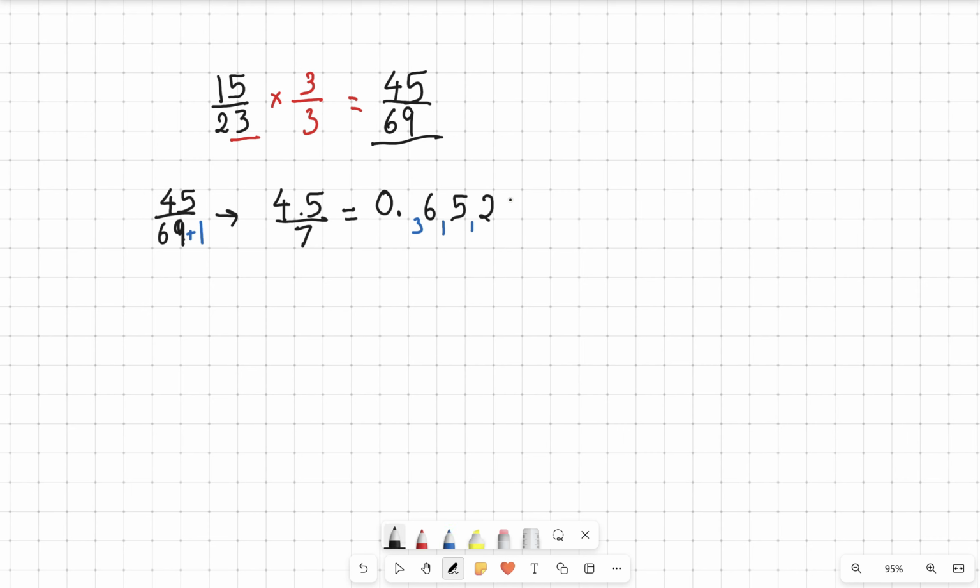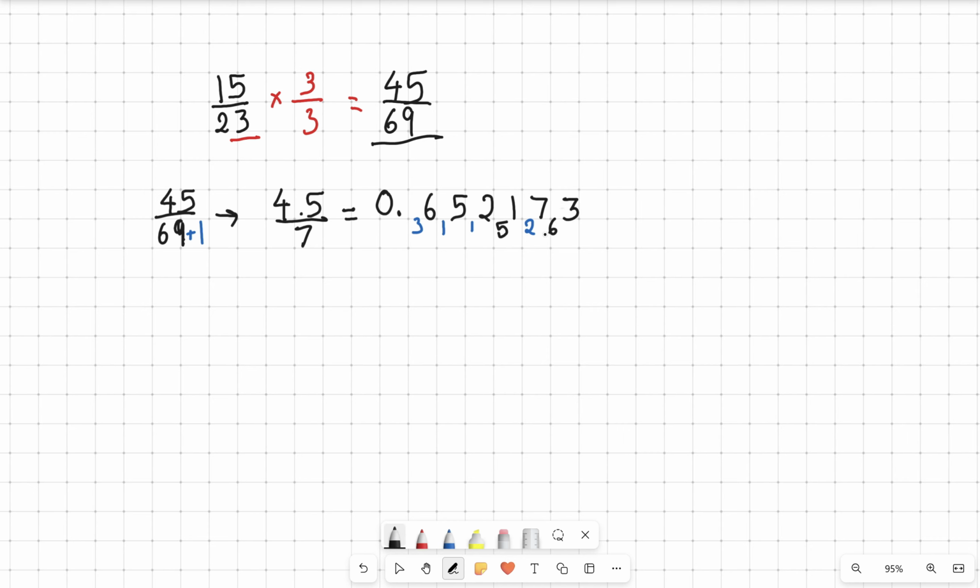And then 11 you can go once with remainder of 5. Now you have 51, you can go 7 times with a remainder of 2. And you can go again 3 times with the remainder of 6.